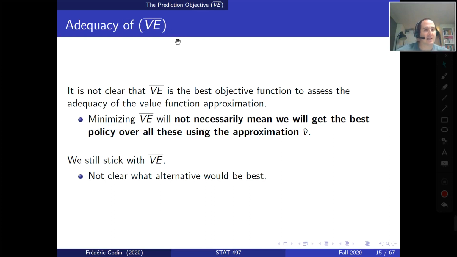But because as of now it's not clear according to the textbook what the best alternative is, we're going to stick with this objective function because at least it has a meaningful interpretation and intuitively makes sense. We want to find the weights which lead to the smallest weighted mean square error between our estimate of the value function and the true one, where the weights are the proportion of time spent in each of the states. This is intuitive, so we shall stick with that for the course.